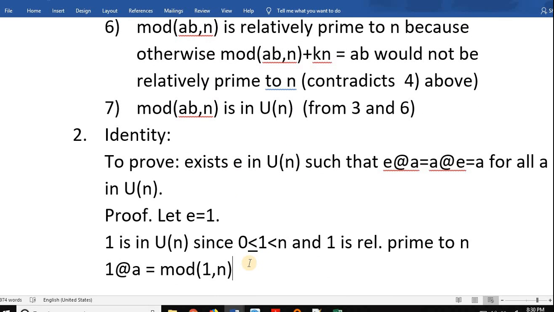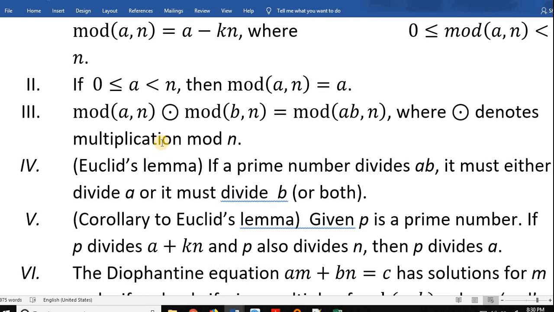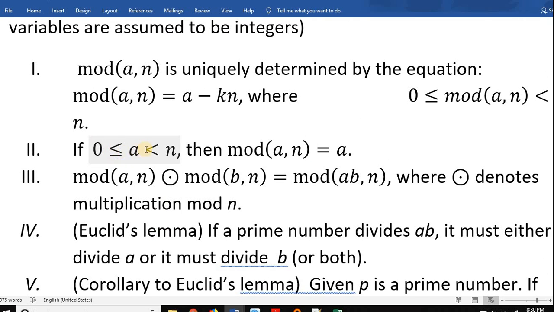So 1 at A is equal to mod 1a, at mod an. And this follows from the fact that both 1 and A are between 0 and n, and they're both relatively prime. So they're both equal to their mods, and then I'm using this fact 3. So I'm converting the numbers 1 and A to their mods by part 2, and then I'm converting the product using part 3.